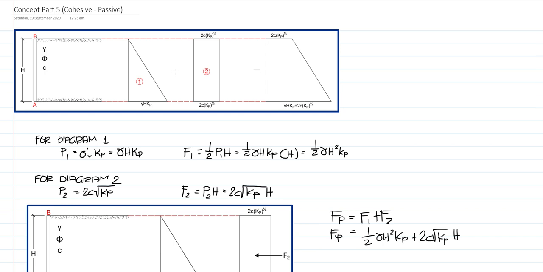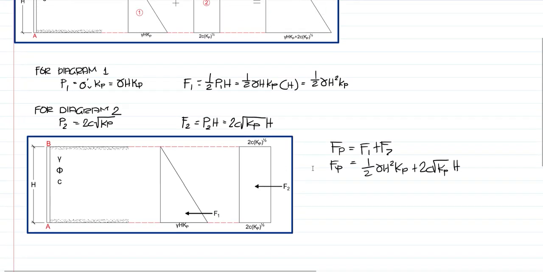So, pagtatapat-tapatin lang natin yung magkaka-level na force. So, eto magka-level. So, 0 plus 2c square root ng Kp. So, the resulting value will be 2c square root of Kp. Then, yung nasa baba magka-level. So, that is gamma h Kp plus 2c square root of Kp. So, that will be a resulting value of gamma h Kp plus 2c square root of Kp.